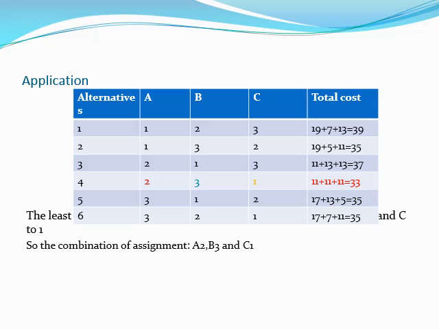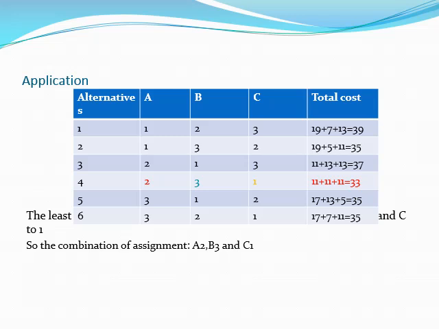If we assign C to 2, it costs 5. 19 plus 5 plus 11 equals 35, etc. We apply these assignments using the previous table.